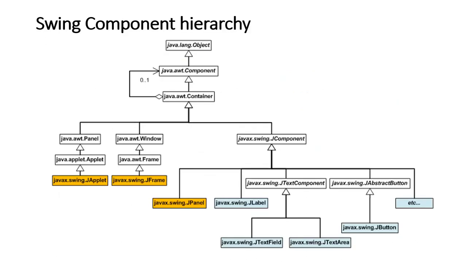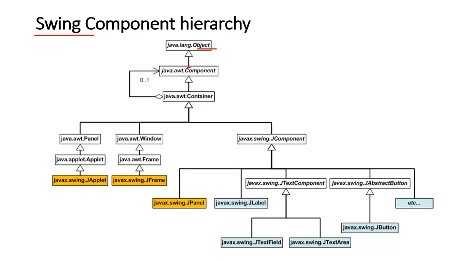Now we know very well in Java, everything starts with the object. java.lang.Object is the base class from which all the other Java classes are derived. We are not interested in all the other derivations. We are only interested in our Swing components. From where do we get it? From this Object.